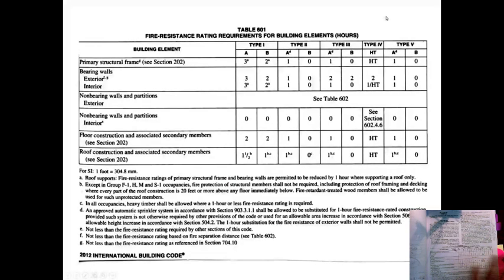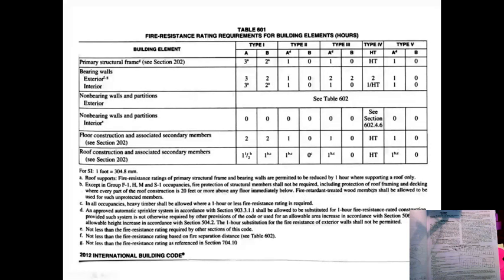Okay, we've looked at the table on page 107 in your code book, Table 601. We've kind of gone through that, so make sure that you understand and you always read the side notes. If it has a B or a C, you read what it says down below.